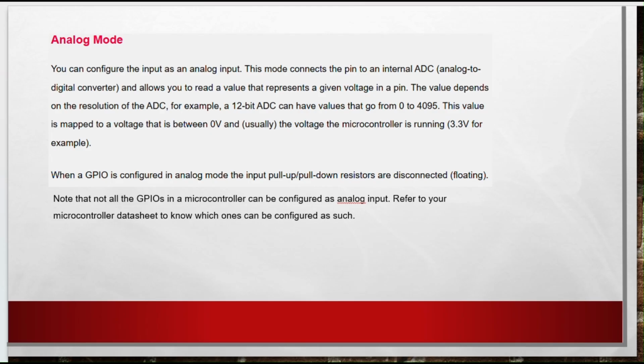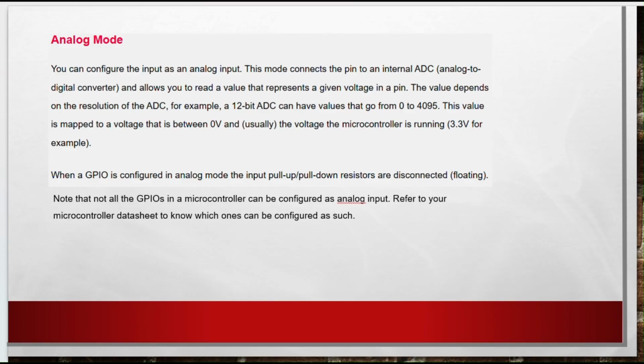Now, analog mode means when we configure the GPIO pin as ADC, you can configure the input as an analog input. This mode connects the pin to an internal ADC, analog to digital converter, and allows you to read a value that represents a given voltage on the pin. The value depends upon the resolution of the ADC. For example, a 12-bit ADC has 0 to 4095, 2 to the power 12.